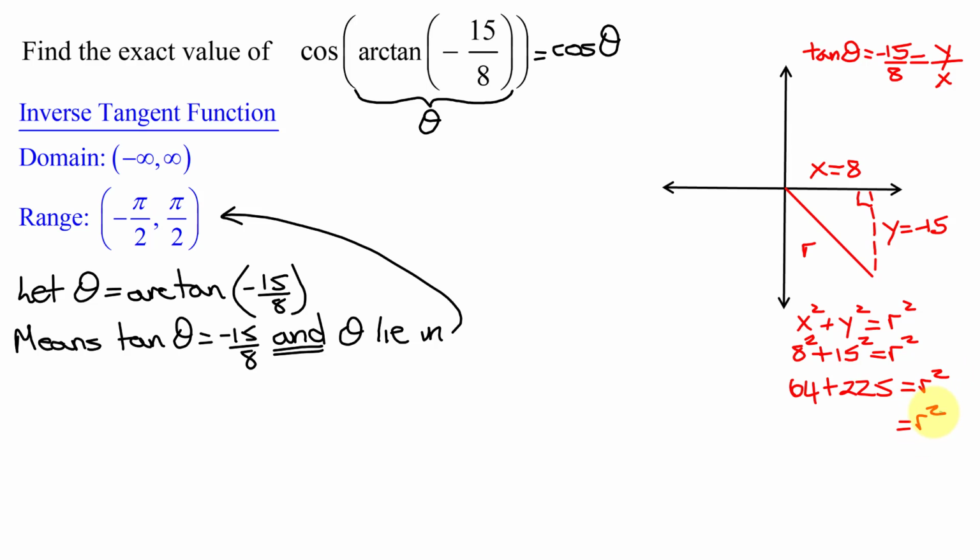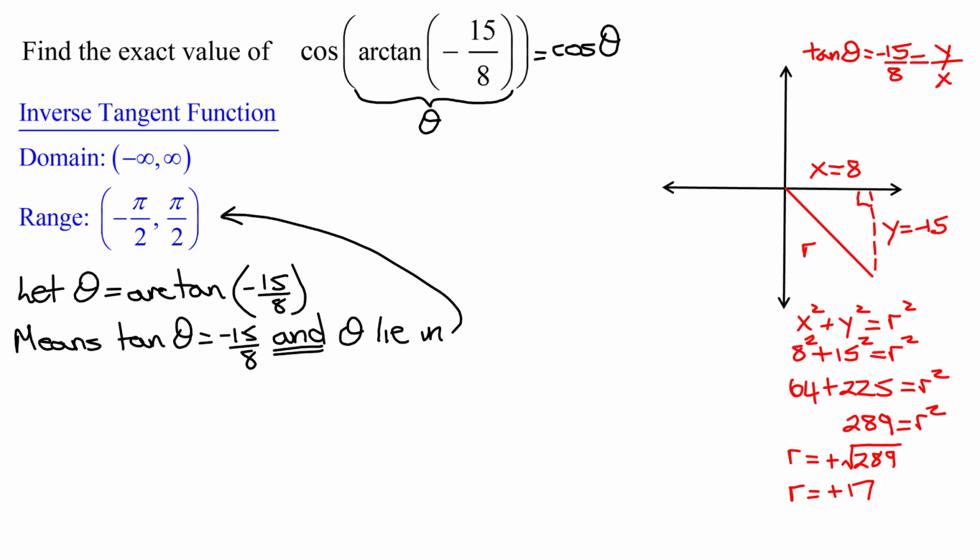So r squared is going to equal 64 plus 225, which is 289. So r is going to equal the positive square root of 289, because remember, r is always positive. So r is equal to positive 17.